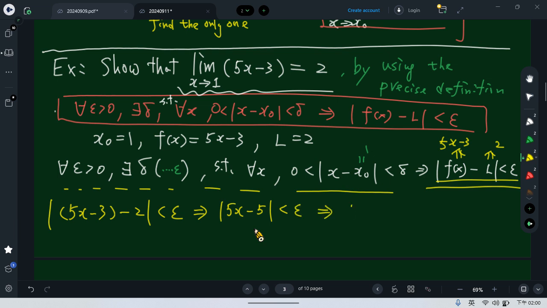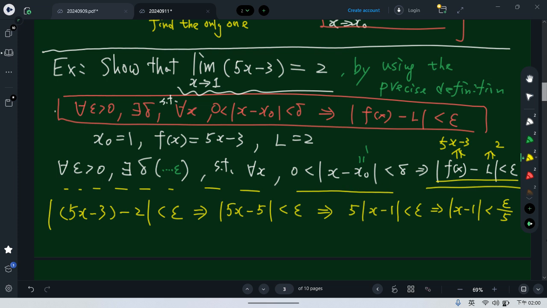Then 5 times |x minus 1| less than epsilon. Then |x minus 1| should be less than epsilon over 5.